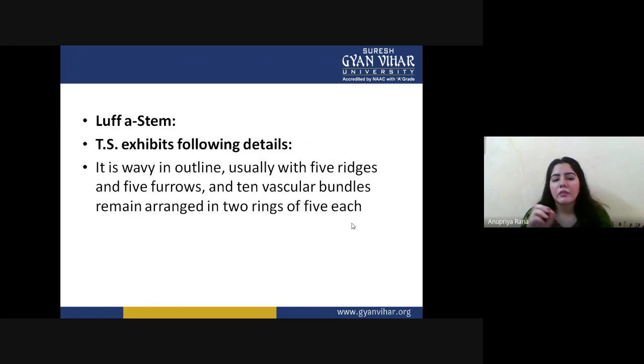That's why these furrows and ridges are present on the outer covering of the stem. The 10 vascular bundles remain arranged in 2 rings, so there will be 2 rings of 5 vascular bundles. The total number of vascular bundles is 10, but there are 2 rings, so each ring has 5 vascular bundles.